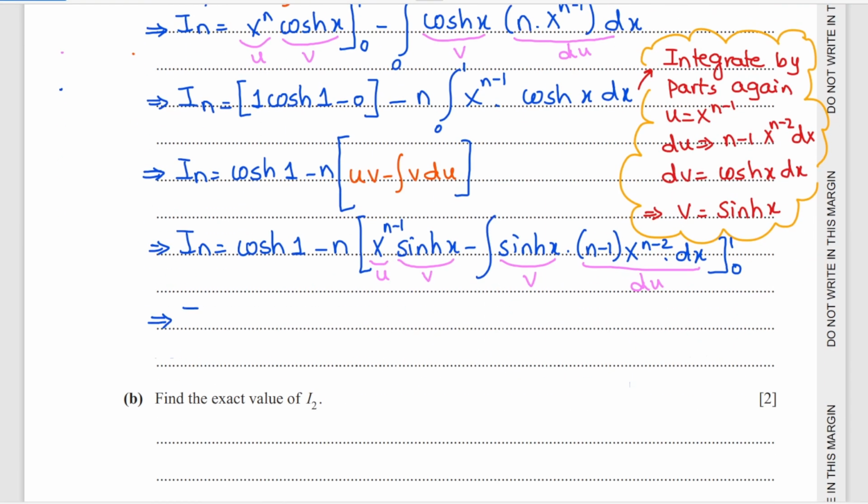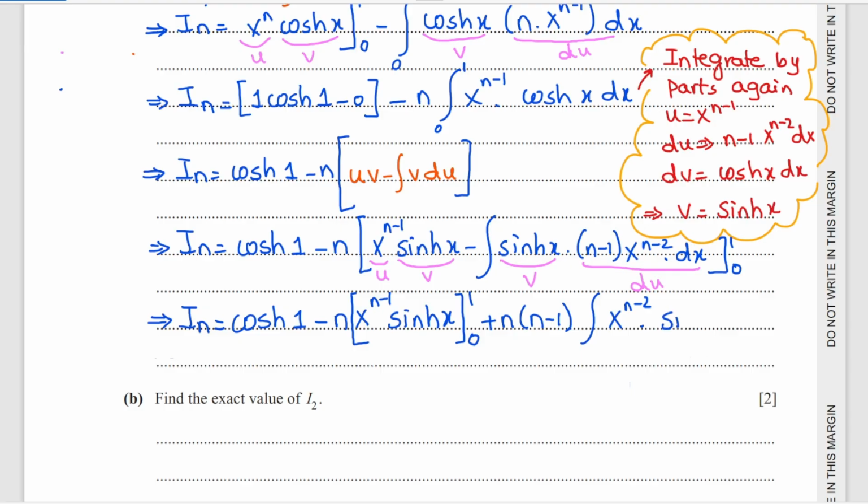So here I will get I_n equal to cosh 1 minus n, x^(n-1) sinh x, and I'm going to distribute n over what's inside the bracket. This is between 0 and 1, plus (n minus 1), and then x^(n-2) and sinh x dx.